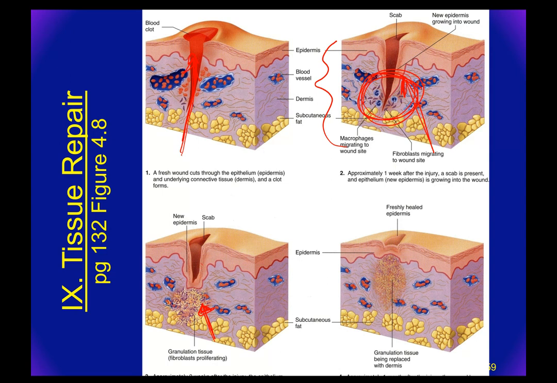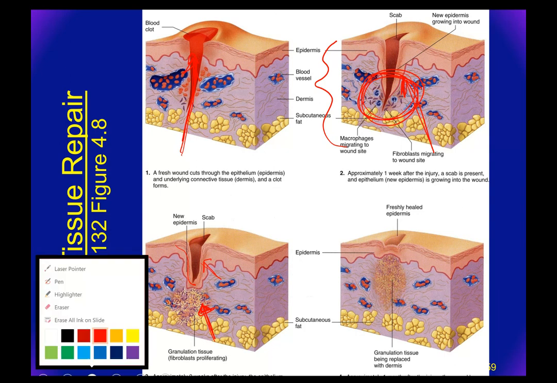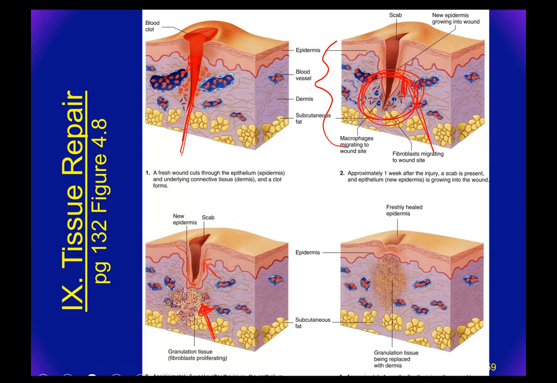The scab is getting a little bit smaller, and now you can see that skin is all the way below this scab here, okay? It's not just on the sides anymore. After about a month, you've got quite a bit of granulation tissue, but you've got freshly healed epidermis too, okay?